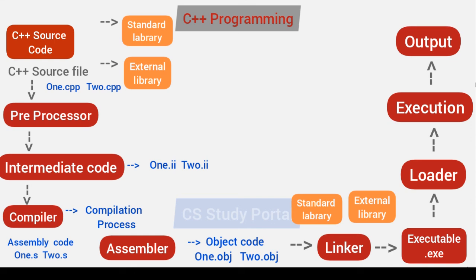Now here the thing is, when we get the output, it can be either correct or wrong. You might wonder how you can get the wrong output. Just for example, let's say that we are writing a simple program to calculate the area of a circle. The computer is just a machine, it doesn't know the formula to calculate the area of a circle, but as a programmer it's your job to give the right formula.